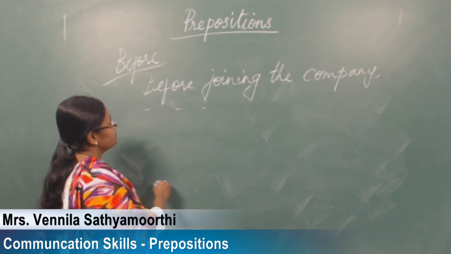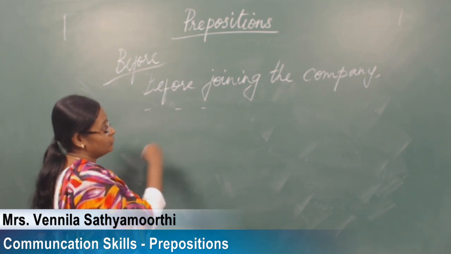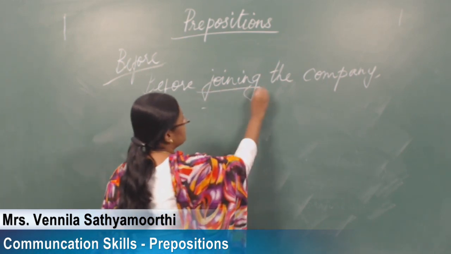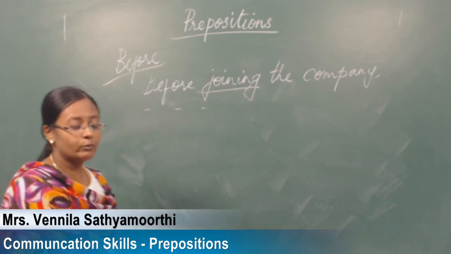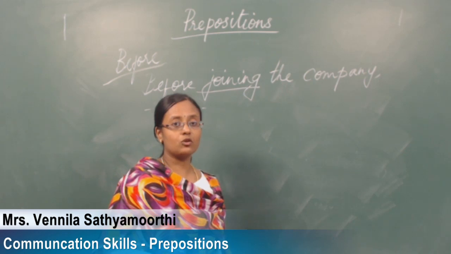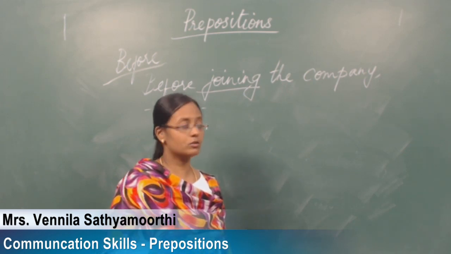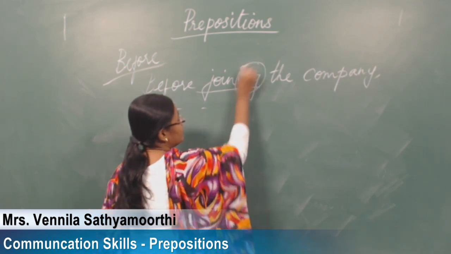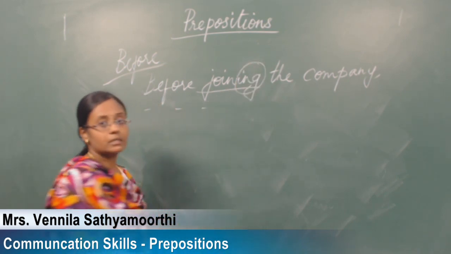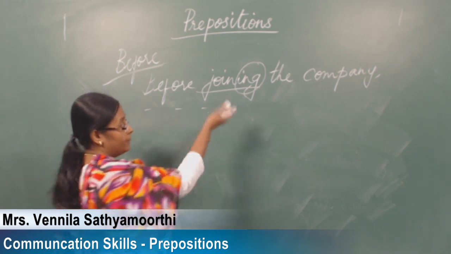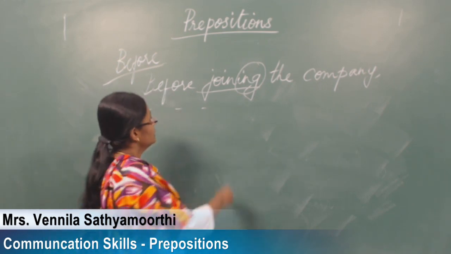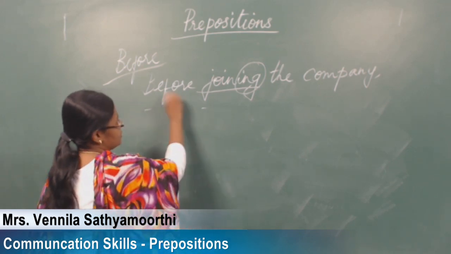Now here you see, before joining the company, we want you to read the policies. This is a participle. When we did the session on verbs, I taught the participle. This is the present participle. When you add ing to the verb, it is a present participle, without the helping verb, I mean. Otherwise, it becomes a main verb. So here, before is used with a participle.